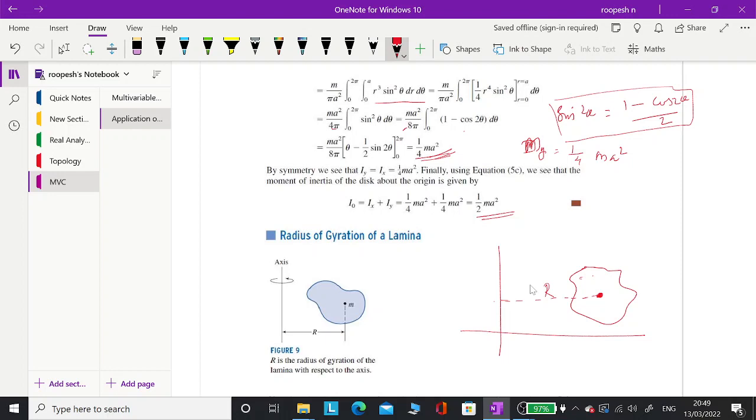So first of all we find the center of mass of the lamina and find the distance from the axis to the center of mass. That distance is called the radius of gyration of a lamina.